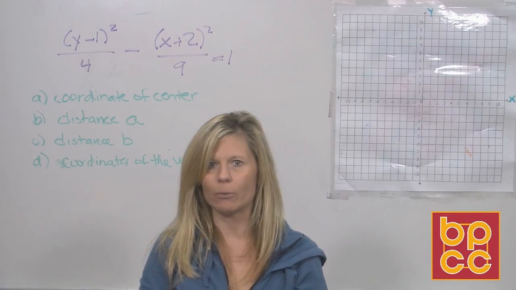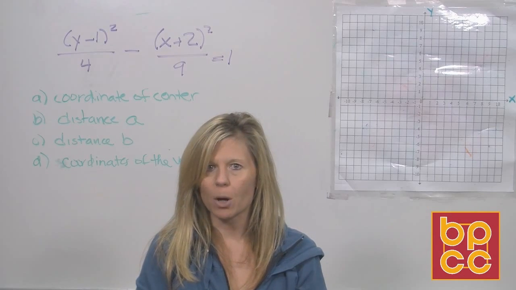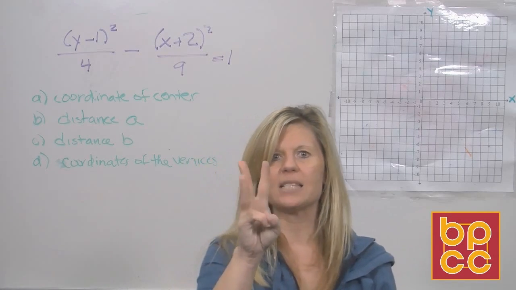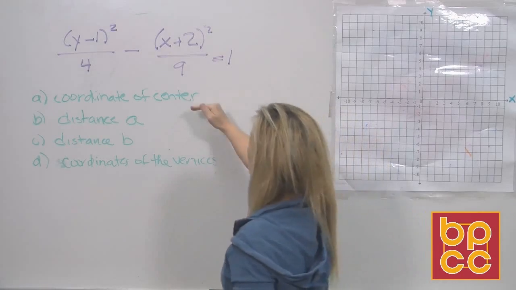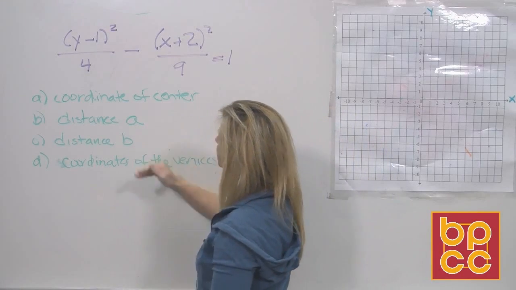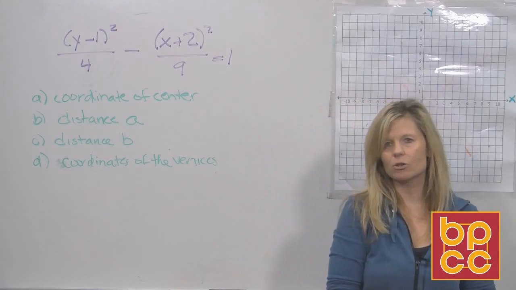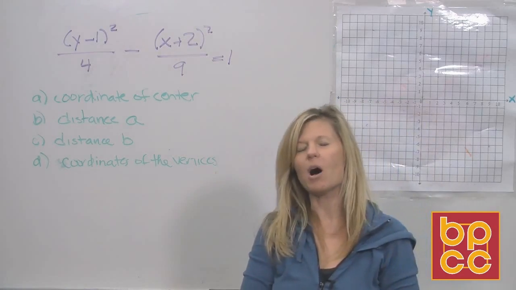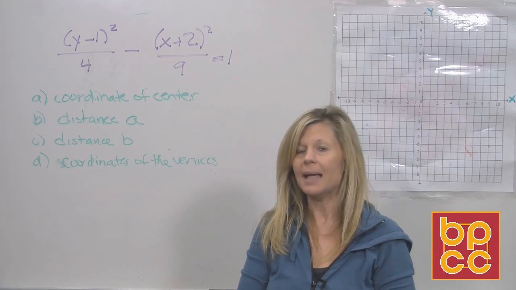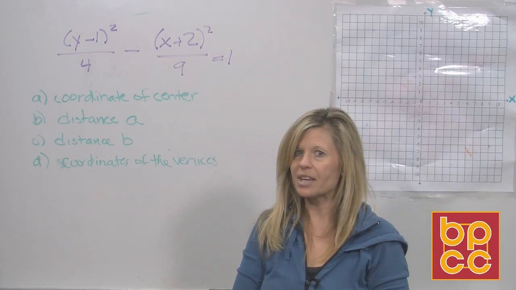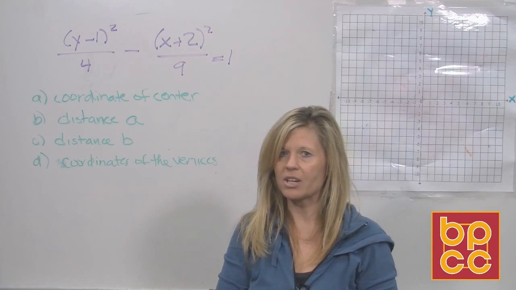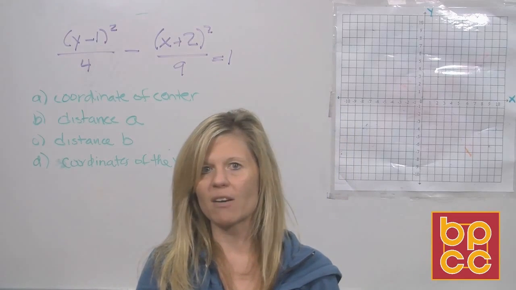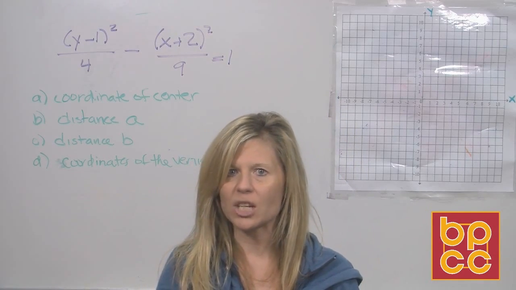Just reason it out. Now that we know it's a hyperbola, we got to get our 3 pieces of information. We need our center, distance A, and distance B. Is the center this time going to be 0, 0? Well, no. There are numbers behind the x and the y. Now, this is important. The center of a circle, the center of an ellipse, the center of a hyperbola are always h and k.